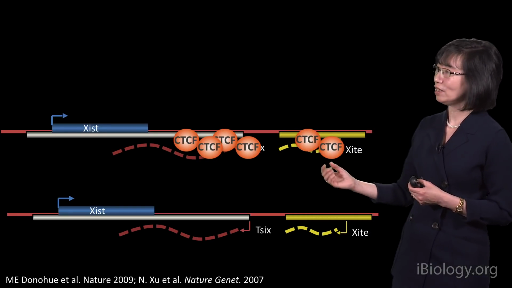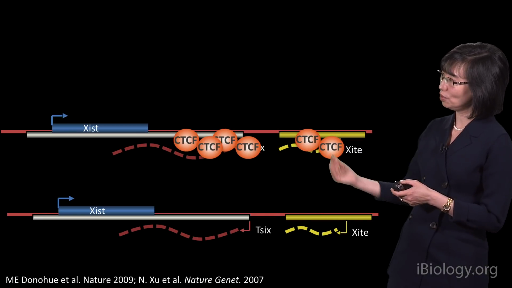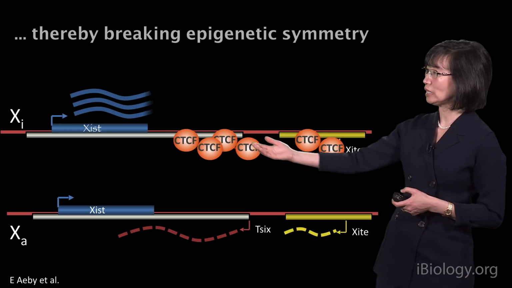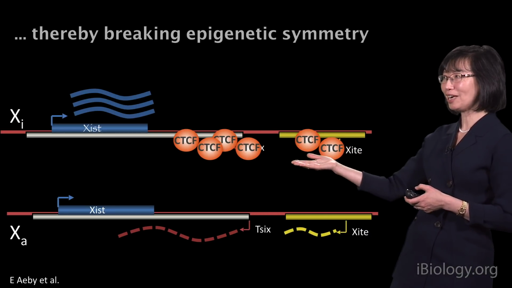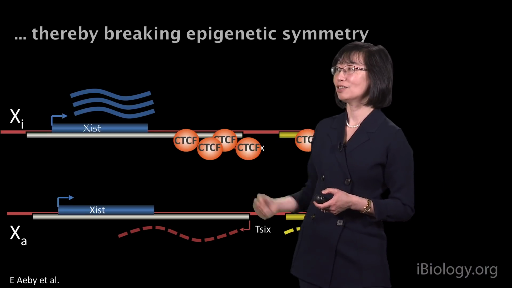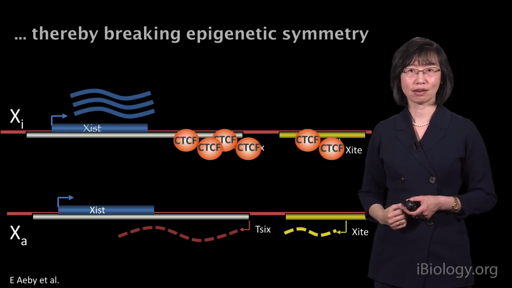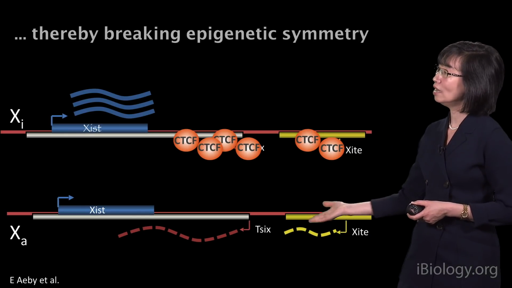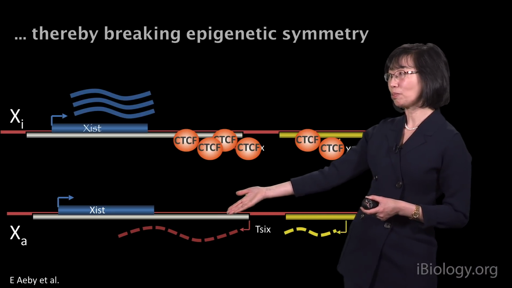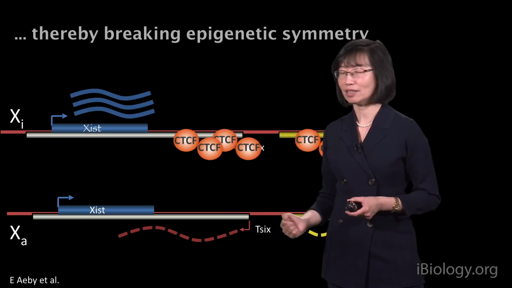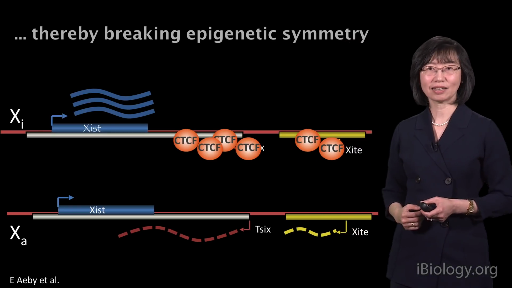And since CTCF is serving as a transcriptional repressor, its binding to this chromosome will downregulate expression of Tsix as well as Xite, and their downregulation is what allows Xist to be upregulated from that chromosome, and that chromosome becomes the inactive X. But on the future active chromosome, Tsix and Xite persist, and their persistence prevents Xist from becoming upregulated, and that chromosome remains an active chromosome.